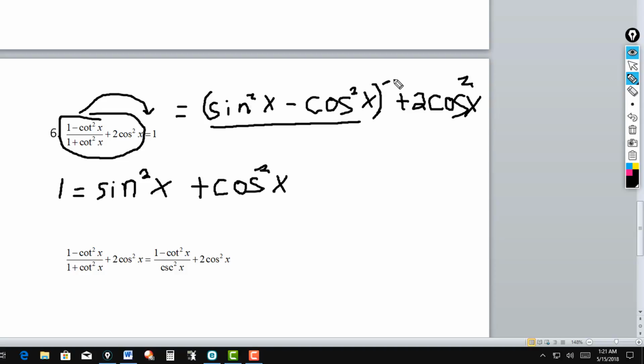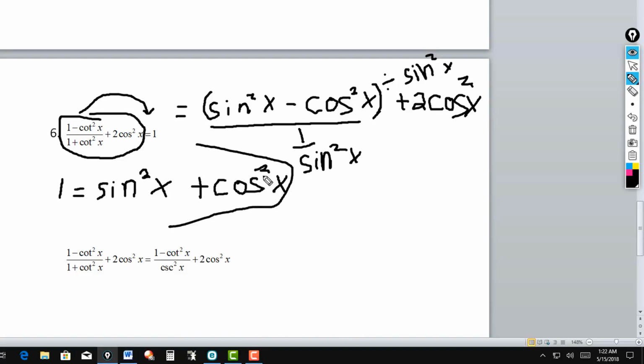I'm going to divide the numerator by sine squared of x. That's legal, but I have to divide the denominator also by sine squared of x. The denominator here, remember, is 1. So 1 gets divided by sine squared of x.